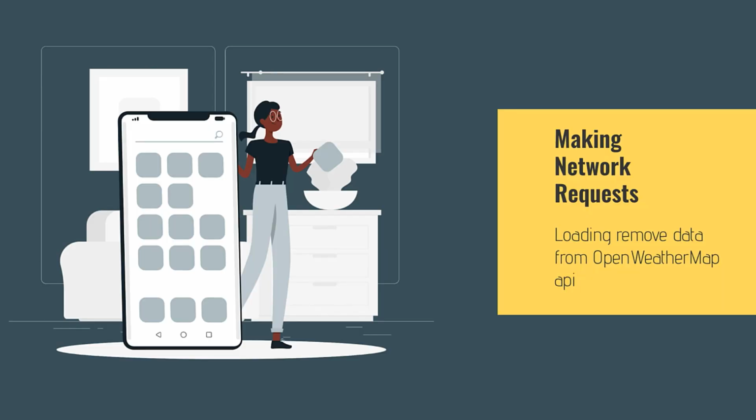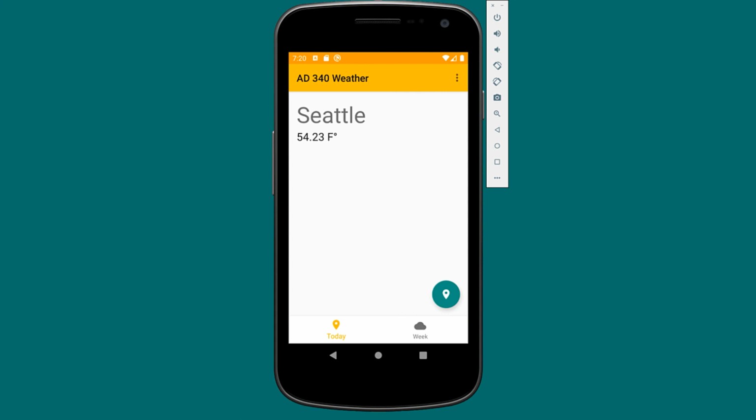So before we jump further into the lecture, let's jump over to our emulator and take a look at what that is looking like. So here I have opened up my application and I have already entered in a zip code previously. You'll see that because I've loaded the zip code previously, it's actually remembering that on load.